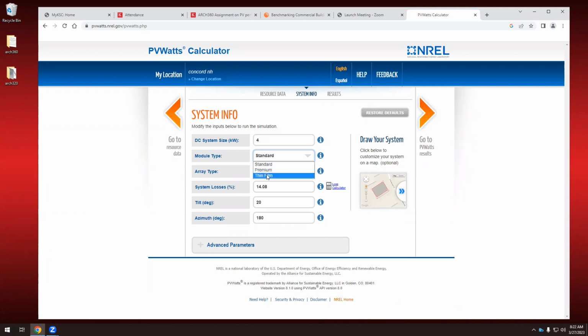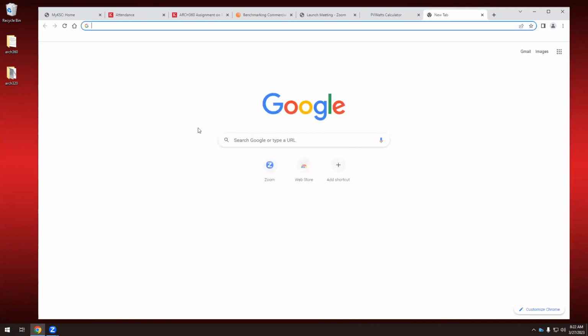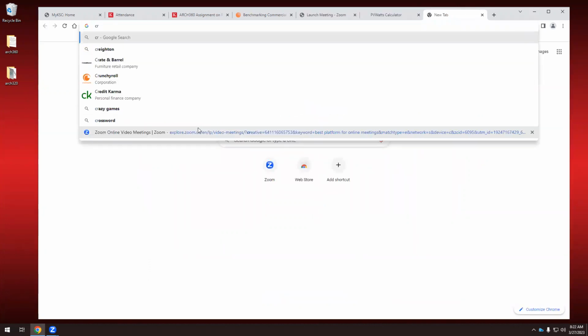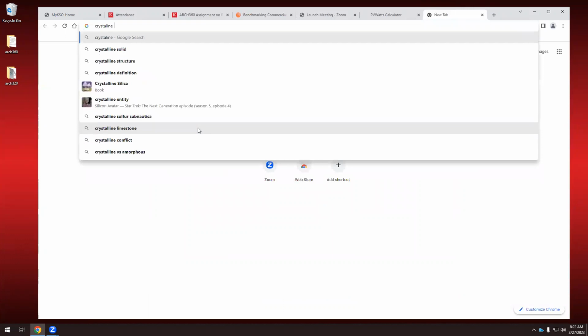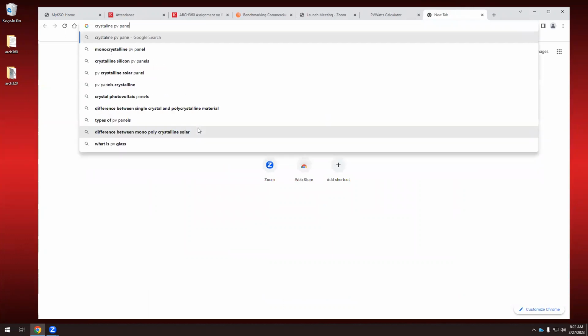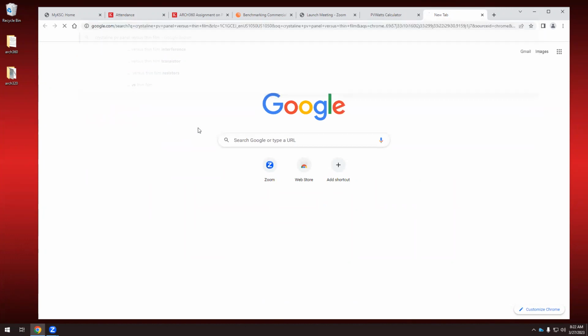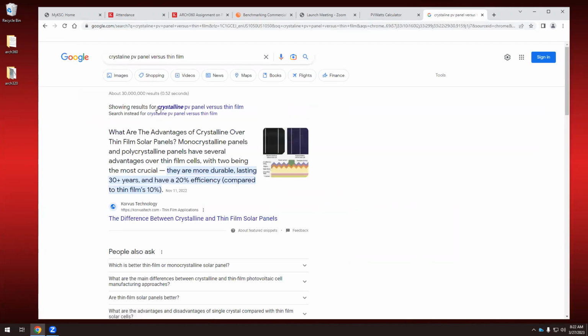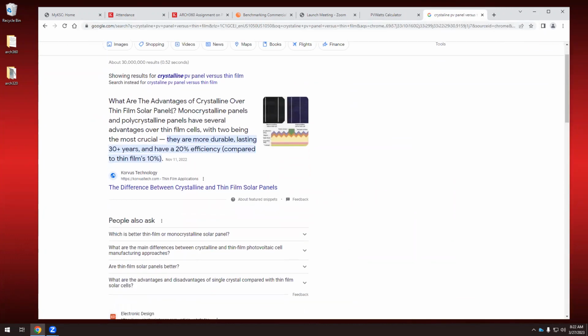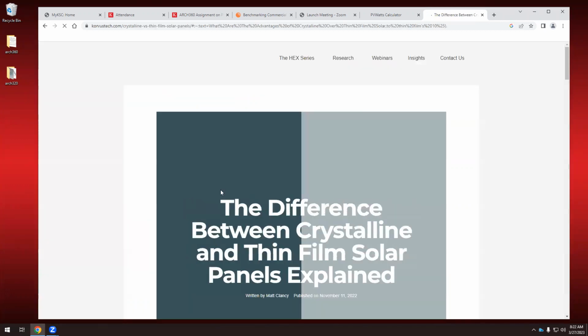And then we have the thin film. The difference between the crystalline and the thin film is important. Crystalline versus thin film. So the difference between crystalline and thin film solar panels.